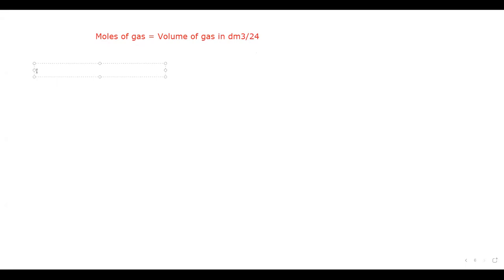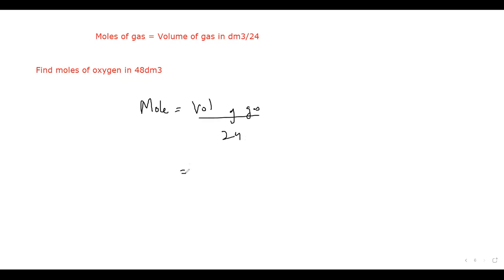Example, we have to find moles of oxygen in 48 dm cube. So the formula is moles equal volume of gas divided by 24. What is the volume of the gas? We have to find the moles. The volume of the gas is 48 dm cube. So that is 48 divided by 24.